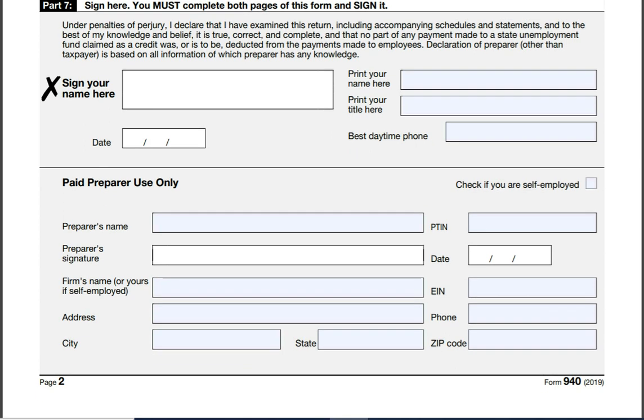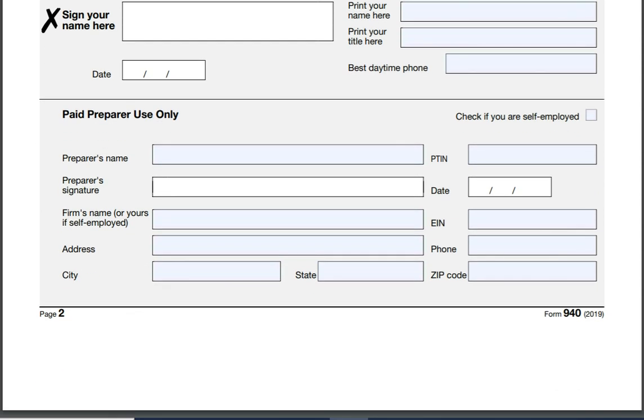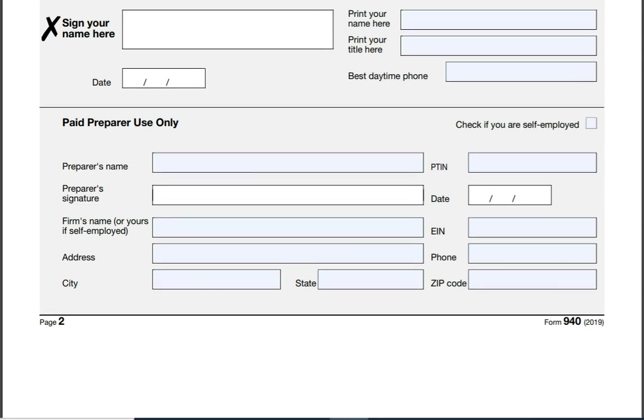If you are doing it by yourself, you will do it. If you have a tax preparer who fills out this form for you, you still have to sign, and then the paid preparer will fill out their section. In my case, I would put my name because I'm doing it for a client.